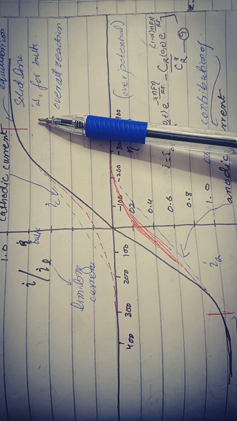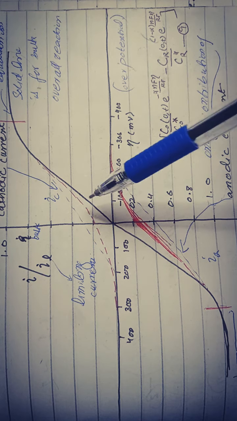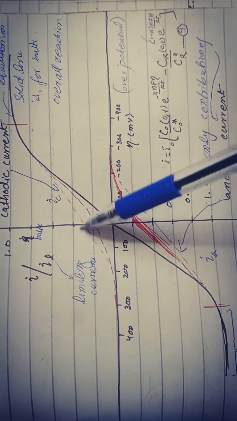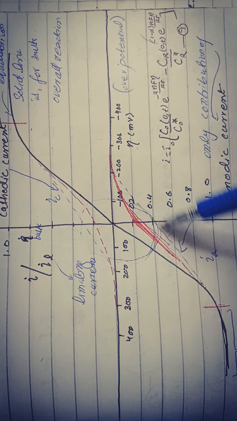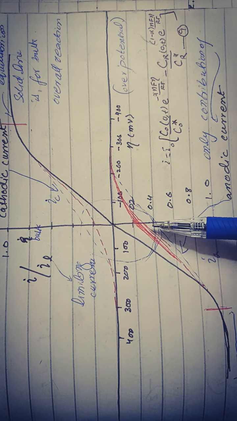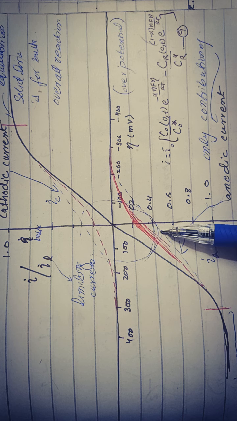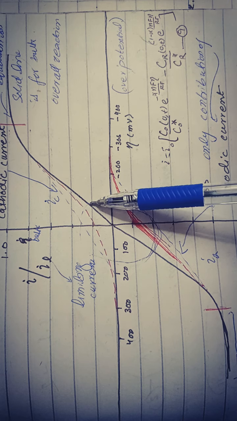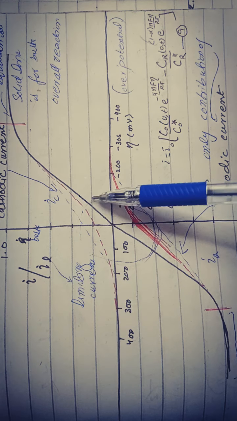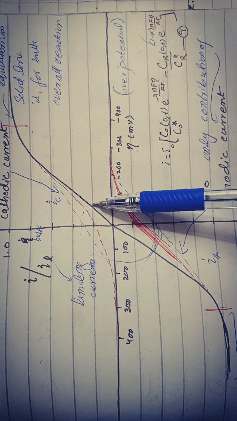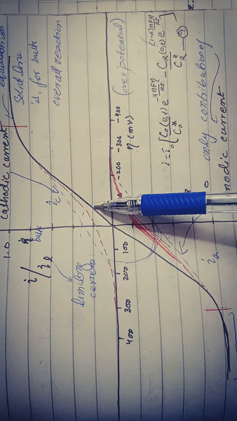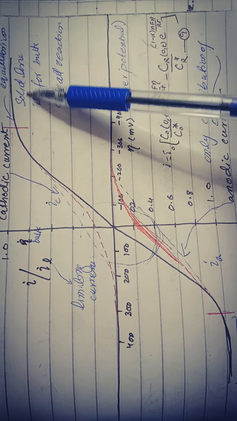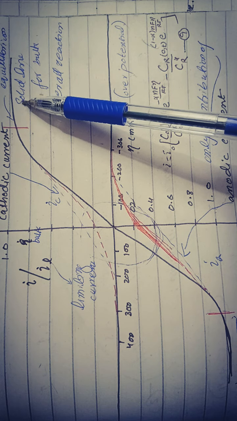So for the first approximation, which is showing the mass transfer control process, it is within the range at which the total current is less than 10% of the limiting cathodic current.